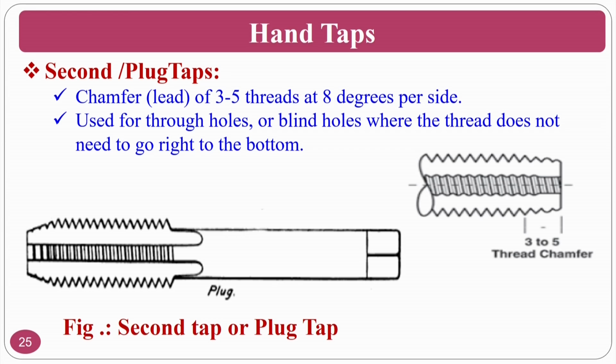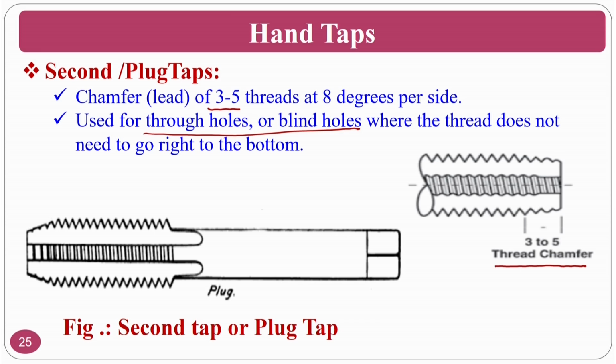Once I complete the taper tap, I will move on to the second one, called the plug tap or the second tap, where instead of 7, you will have 3 to 5 threads with chamfer. It is used for through holes, or you can also generate blind holes, where the threads do not need to go to the very bottom.